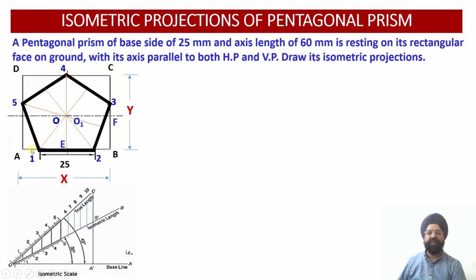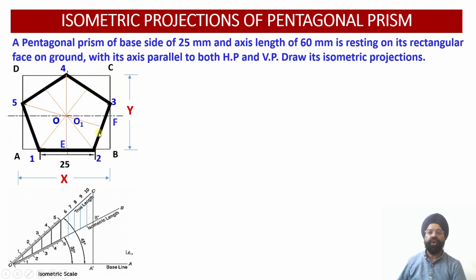Once we complete the construction of this pentagonal shape, next we have to inscribe this pentagon within a rectangular shape, because we know that in this pentagonal shape there will be only one edge which will be resting upon the isometric axis, whereas the remaining four edges, that is 1-5, 4-5, 2-3 and 3-4, are all non-isometric edges, lying on non-isometric lines.